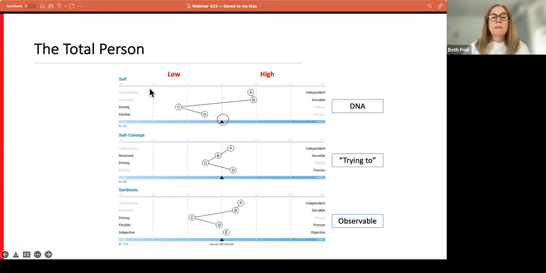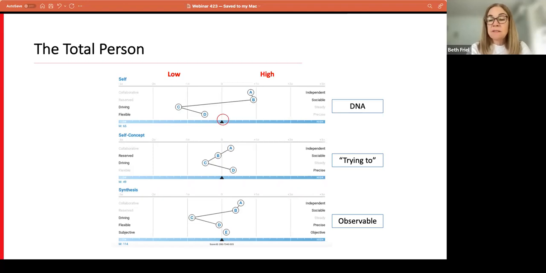So just quick review, everybody. When we look at the 3 graphs, the top graph is self. That's your natural behaviors. The second graph is self-concept, and that's good for about 90 days. So if you're looking at a report that's a couple years old, that self-concept probably isn't very accurate anymore.